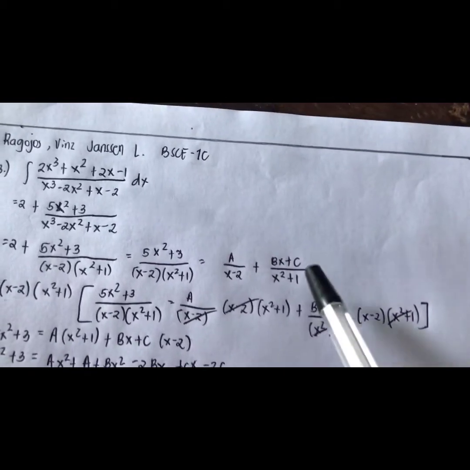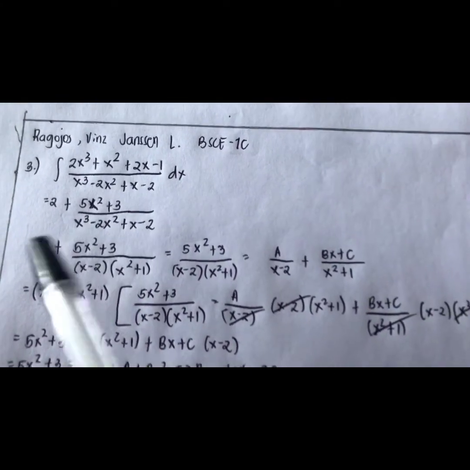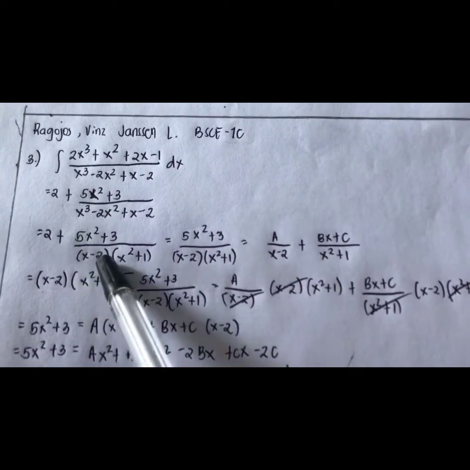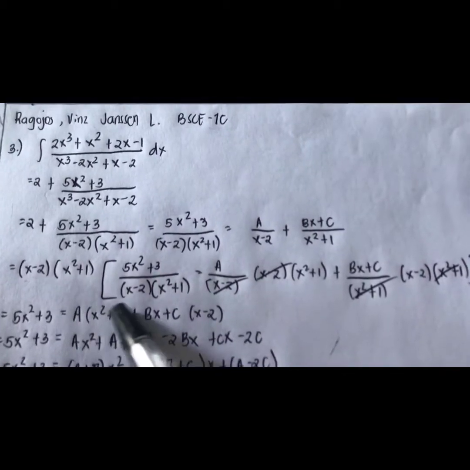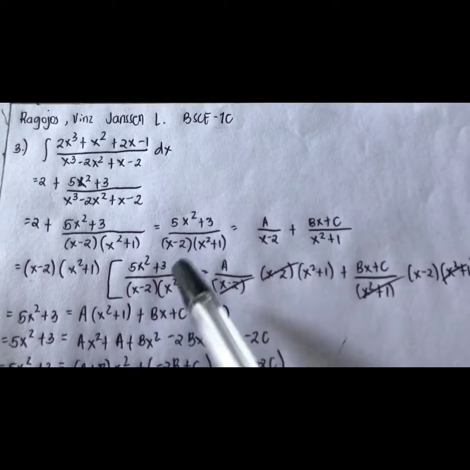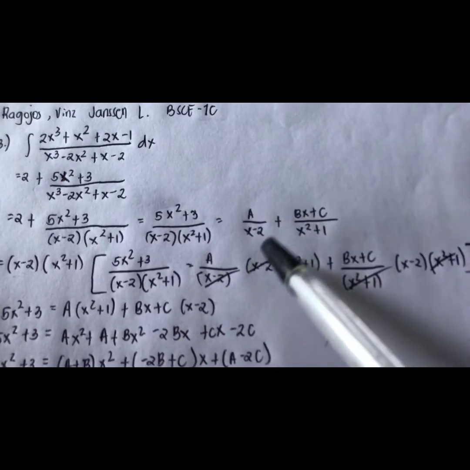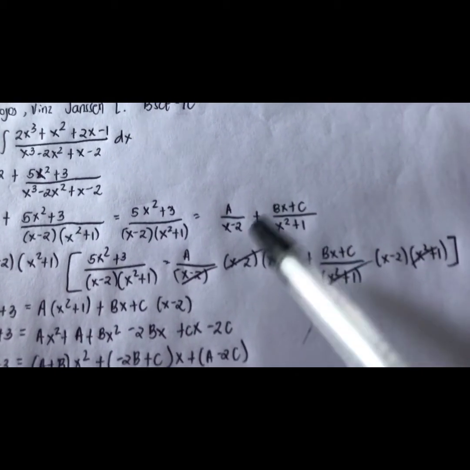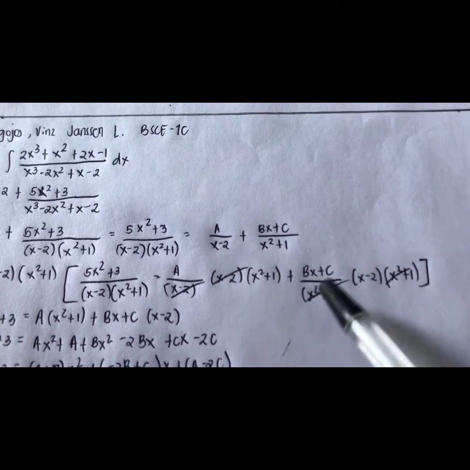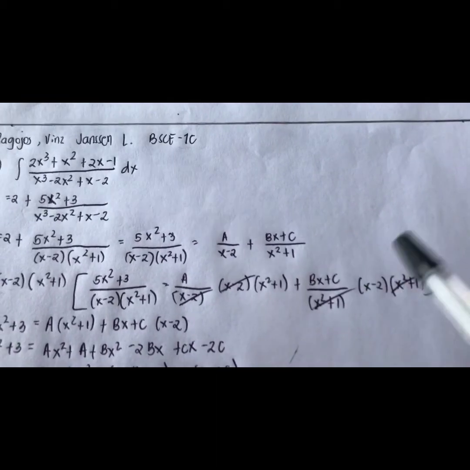And then we need to multiply this one by their common denominator, and that is the quantity of x minus 2 times the quantity of x squared plus 1, multiplied to 5x squared plus 3 over the quantity of x minus 2 times the quantity of x squared plus 1 is equal to a over the quantity of x minus 2 times the quantity of x minus 2 times the quantity of x squared plus 1 plus bx plus c over the quantity of x squared plus 1 times the quantity of x minus 2 times the quantity of x squared plus 1.